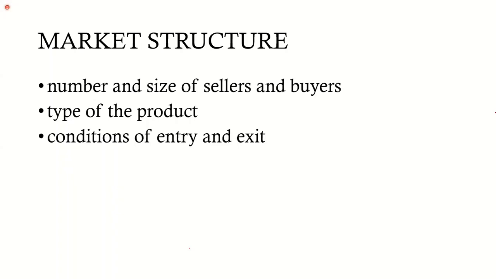For example, if I want to enter the vegetable market or vegetable industry, it might be relatively easy, right? If I know how to grow vegetables, how to price them, how to pack and transport them, then it's easy. Nobody's going to stop me. But say I want to start a new railway service, where there's no private sector.